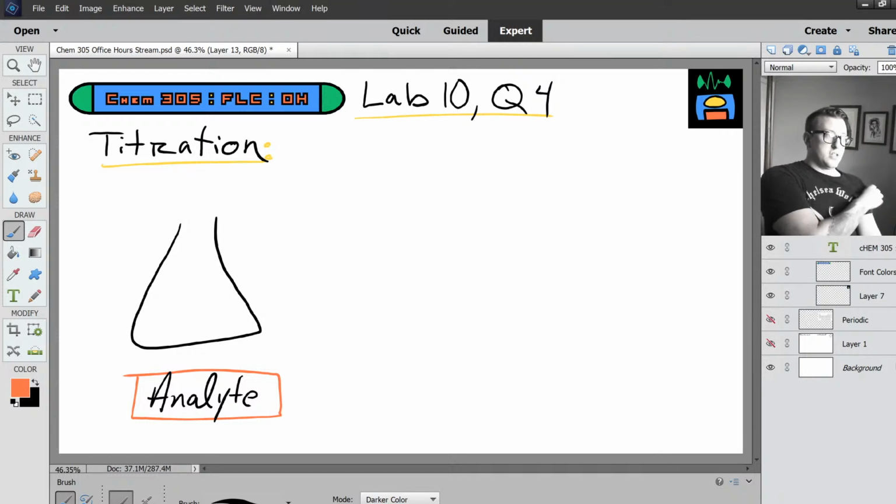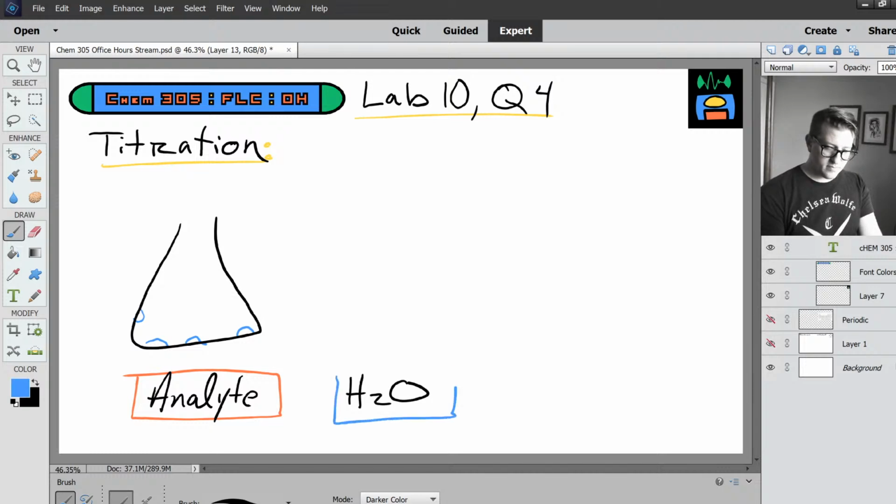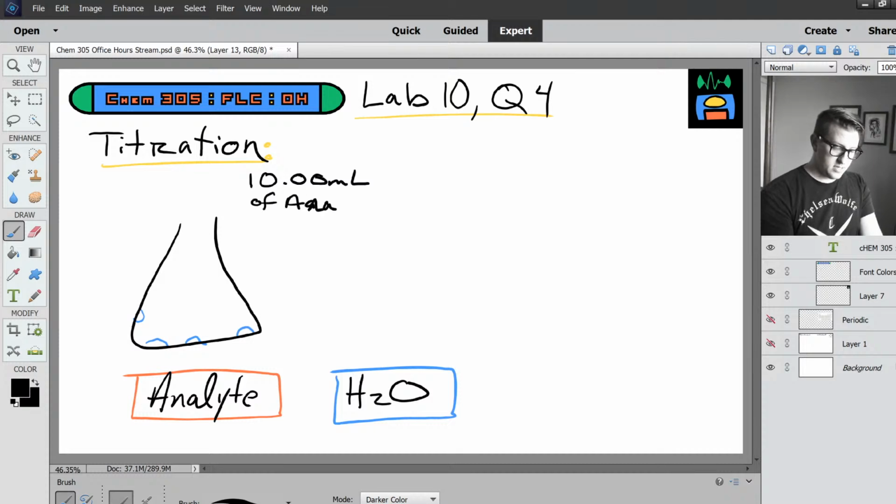And the reason why, let's say it has droplets of H2O in there before, let's say you got some droplets of H2O, you are going to add exactly 10.0 mils of analyte in, right?